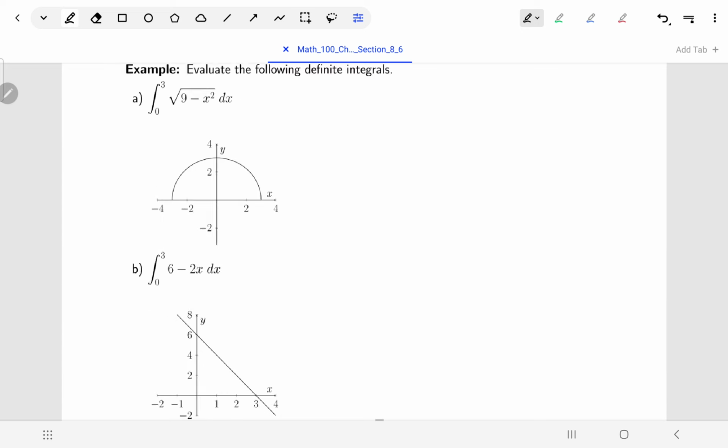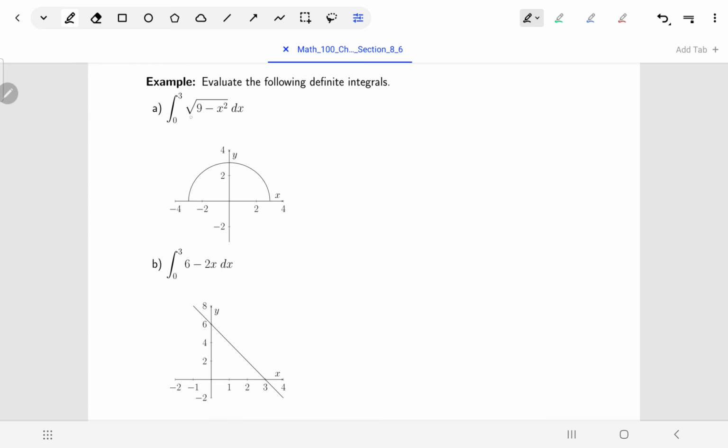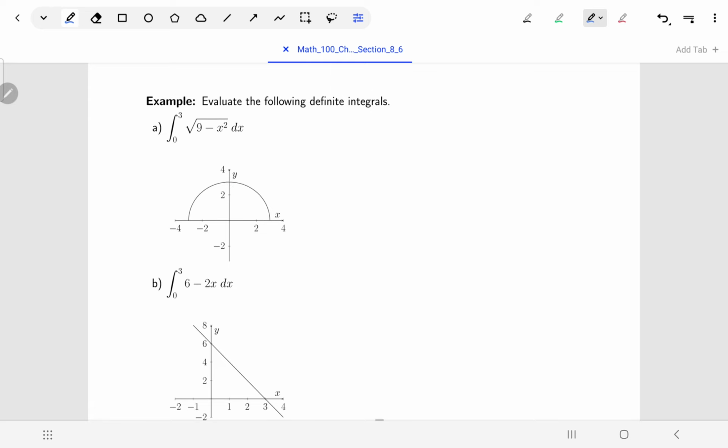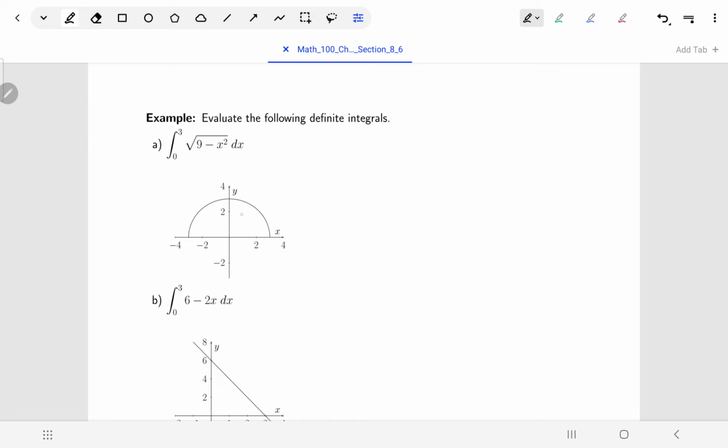So for example, this function that I'm looking at, the square root of 9 minus x squared, if you were graphing that, that would be a semicircle with a radius of 3. And if we're looking at the integral from 0 to 3, that would be all of the area that's in that 1/4 of my circle.